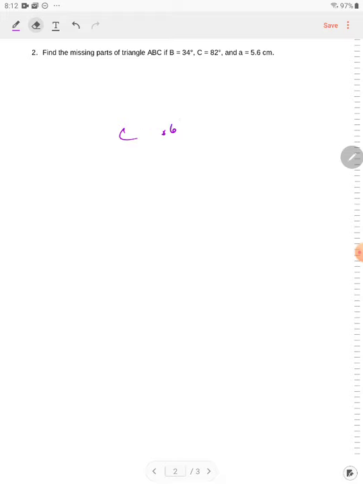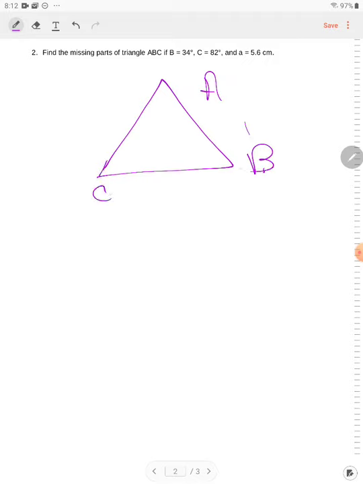Let me redraw that triangle. Before we decide whether we have angle, side, angle, we want to put in the information we know. B is 34, C is 82, and the length of side a is 5.6.